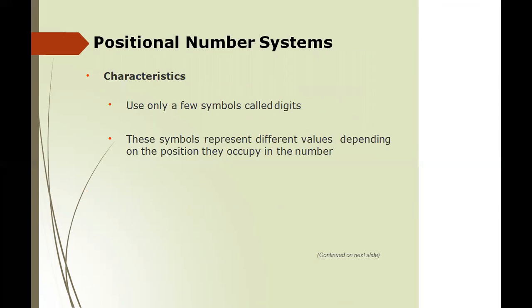Today, at present, we use the positional number system, which uses only a few symbols called digits. These symbols represent different values depending on the position they occupy in the number.